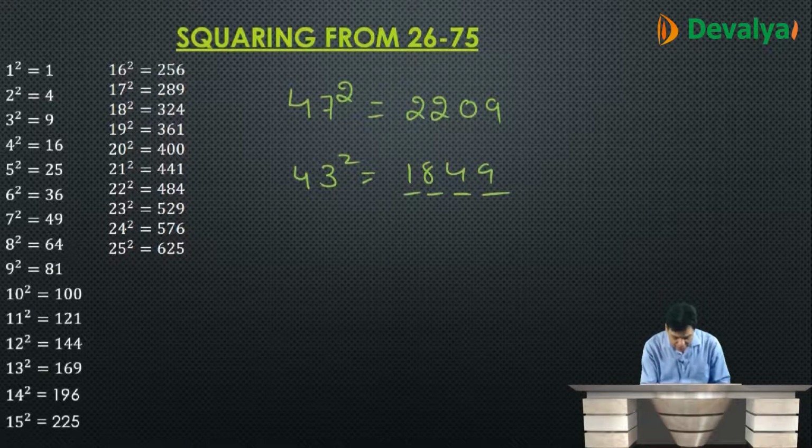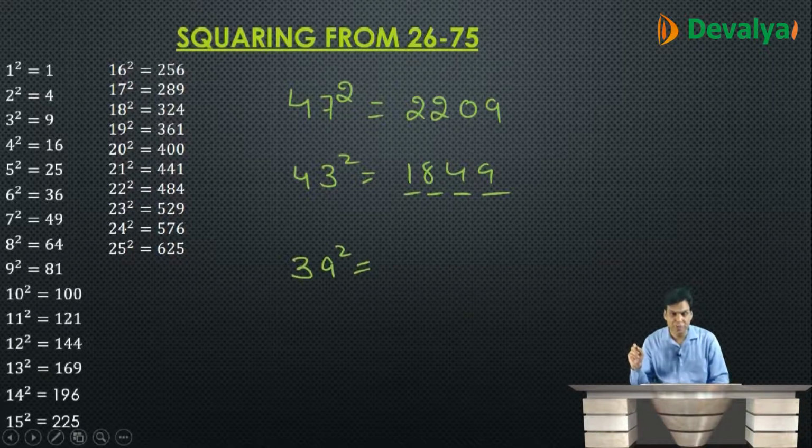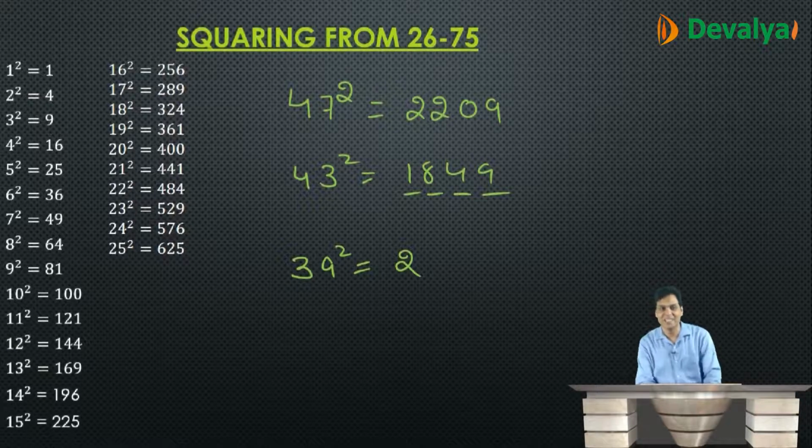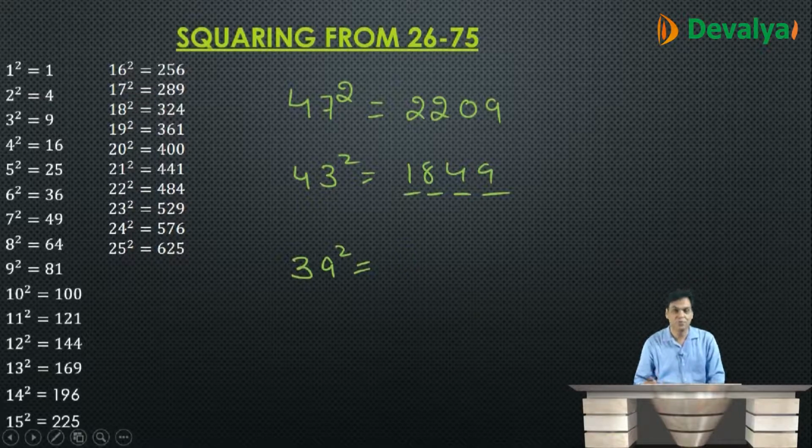Come to the next part. I am going to calculate the square of 39. Students, here a problem is going to arise. I am going to tell you what exactly the problem is. When I calculate the square of 39, in the very first step, I subtract 39 from 50, it would be 11. So my difference is negative 11.